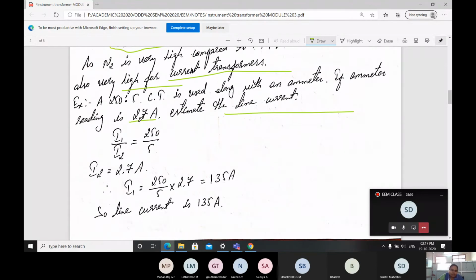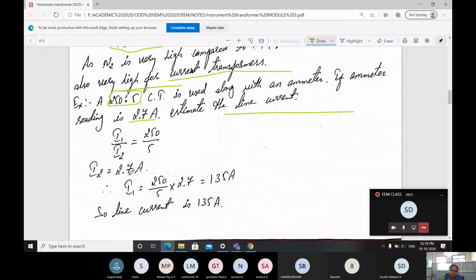First, the ratio that is given is in terms of the number of turns, right? So I1 by I2 is going to be, which one is high? Here it is 250, taken as N2, 250/5. Therefore I2 is 2.7 amps, as the ammeter reading is 2.7.